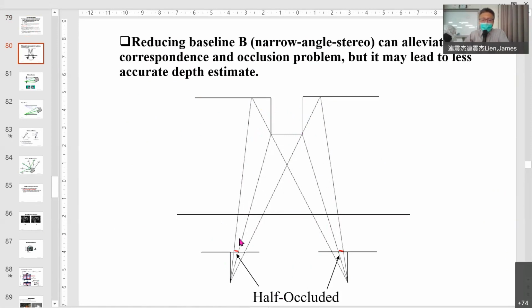So in the image, some points in this part cannot find a corresponding point on the right side. But because it is a matrix, you must find one result, and actually the results are incorrect.